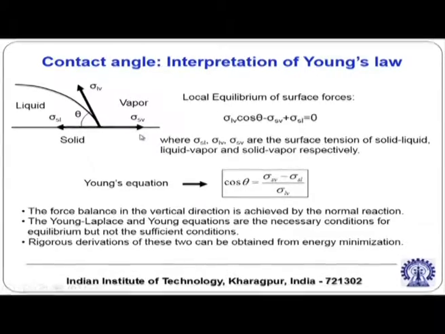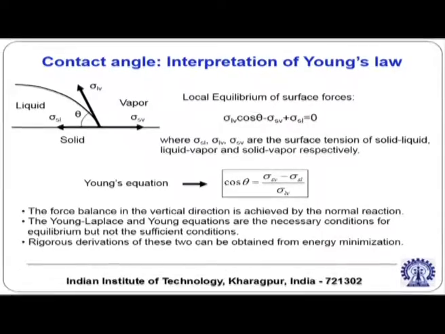So, along the horizontal direction if you resolve the forces, let us say that this direction is the positive direction that we are considering. So, the component of sigma LV in that direction is sigma LV cos theta. So, sigma LV cos theta minus sigma SV plus sigma SL equal to 0 for horizontal force balance, and that straight away gives the Young's equation.